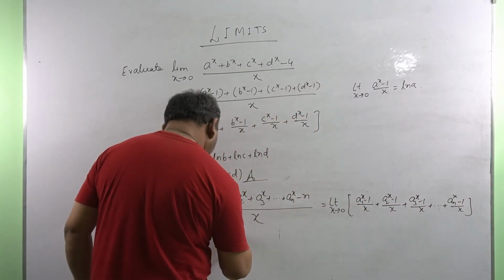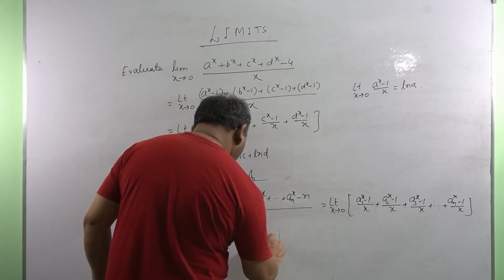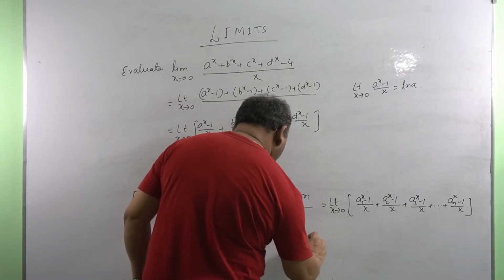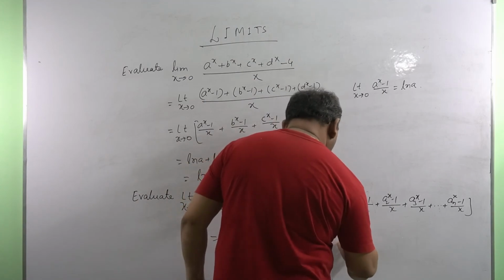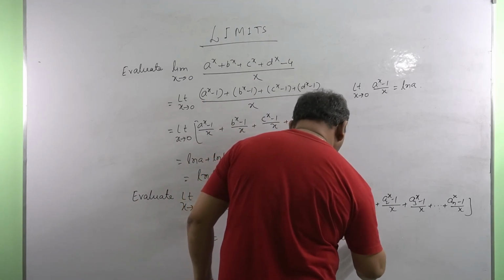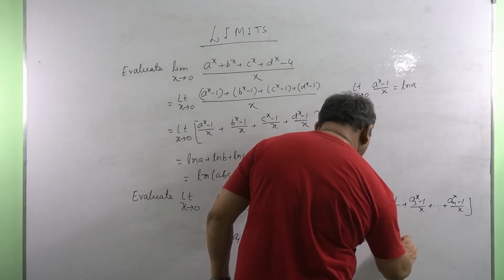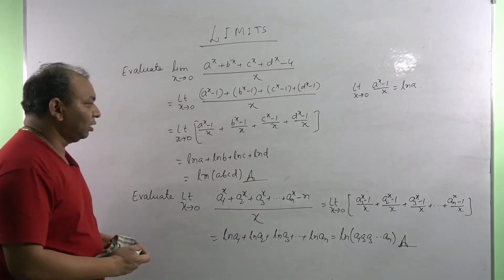This will be ln a1 plus ln a2 plus ln a3 plus dot dot plus ln an, which is equal to ln a1 a2 a3 dot dot an. This is the required answer.